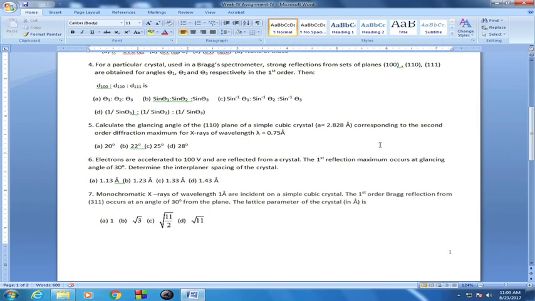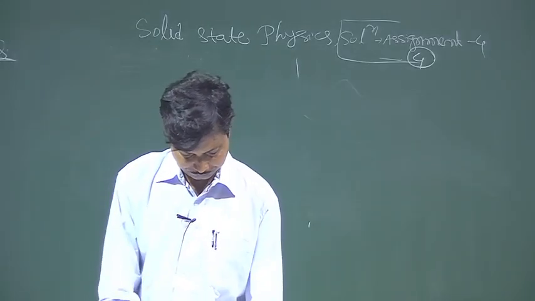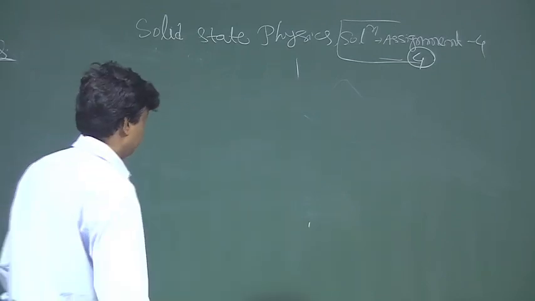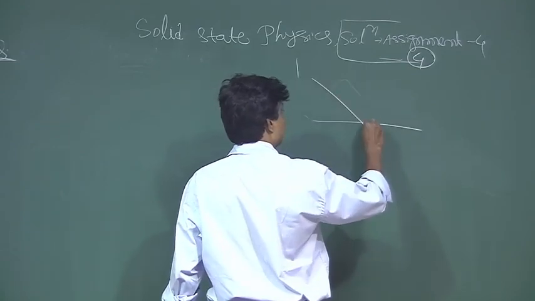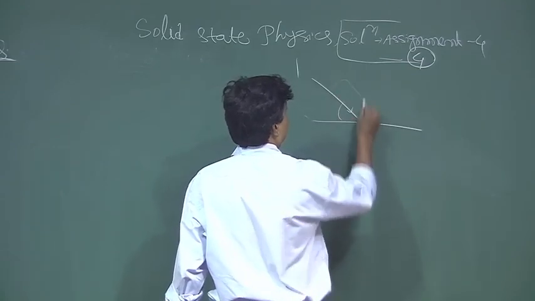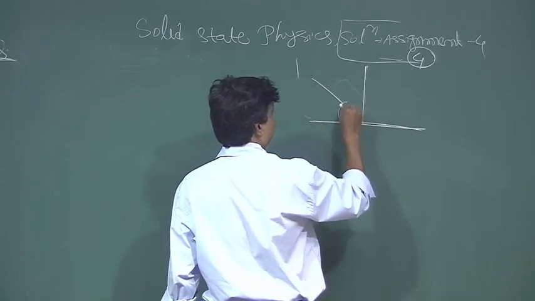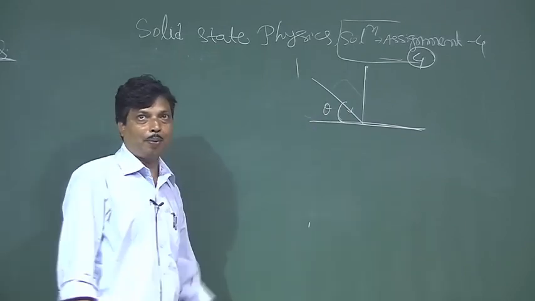First, I hope you know what the glancing angle is. Let me draw a diagram and show the glancing angle. Actually, in case of crystal diffraction, we generally use this angle, where this is the crystal plane and this is the normal drawn, and this angle is generally used as the glancing angle. It is called the glancing angle.